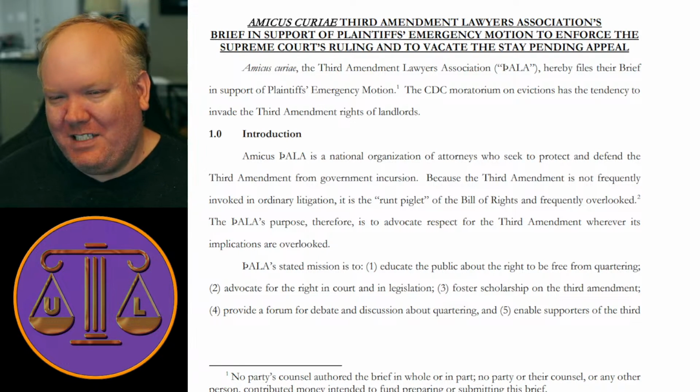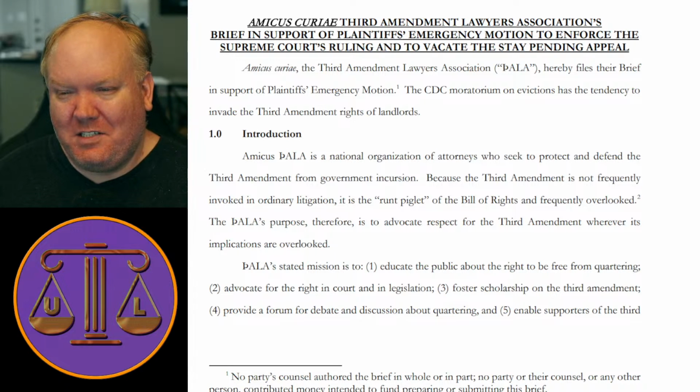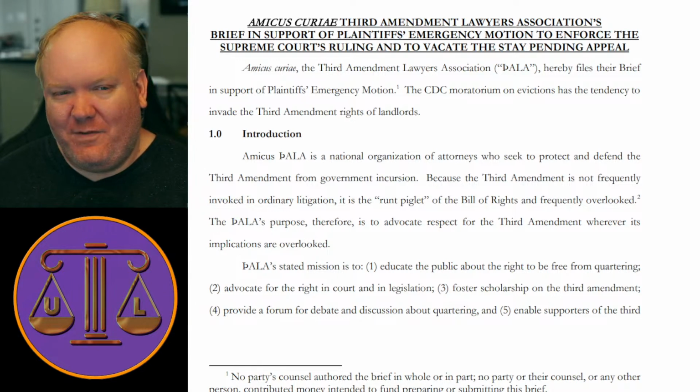Hereby files their brief in support of the emergency motion. The CDC moratorium on evictions has a tendency to invade Third Amendment rights. Seriously, though, what do these people talk about? Do they have meetings? I'm going to find out if they have meetings, and I'm going to go to the meeting just to figure out what the hell this is.